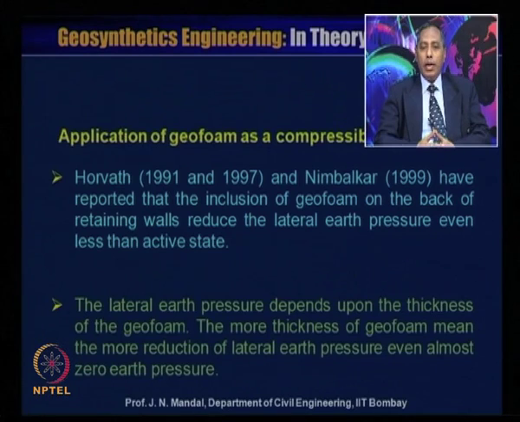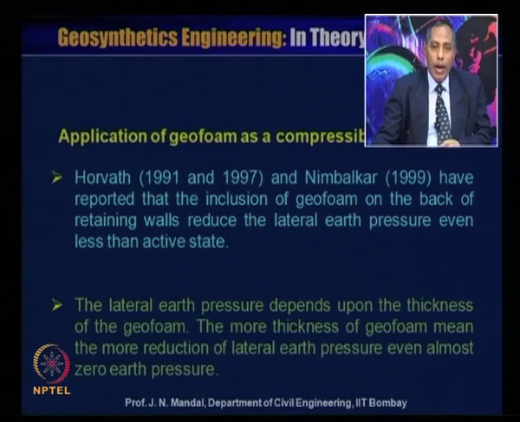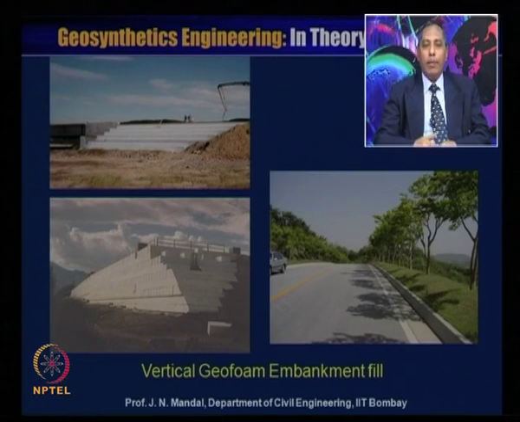Lateral earth pressure depends upon the thickness of the geofoam. The more the thickness of the geofoam, the more the reduction of the lateral earth pressure, even almost zero earth pressure. I will give an example on it later.